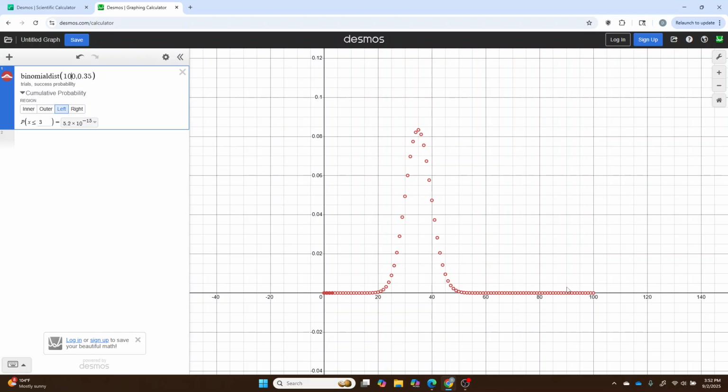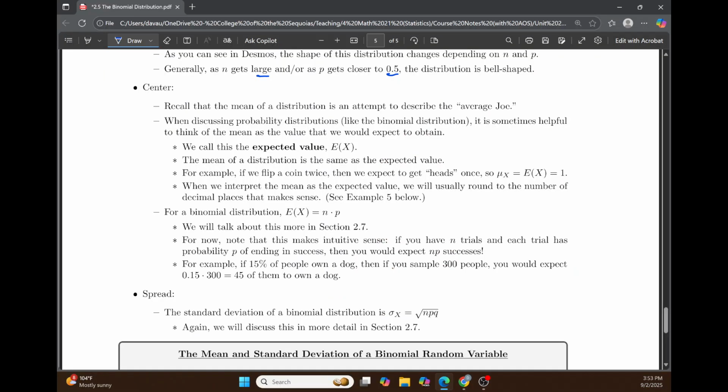As far as the center is concerned, we use the mean to measure the center of this distribution. And so to discuss what the mean of a binomial distribution is, I think it's helpful to remind ourselves that the mean of a distribution is an attempt to describe the average Joe. And so when we're thinking about probability distributions, it's helpful to think of the mean as the average Joe, what we would expect to encounter, right?